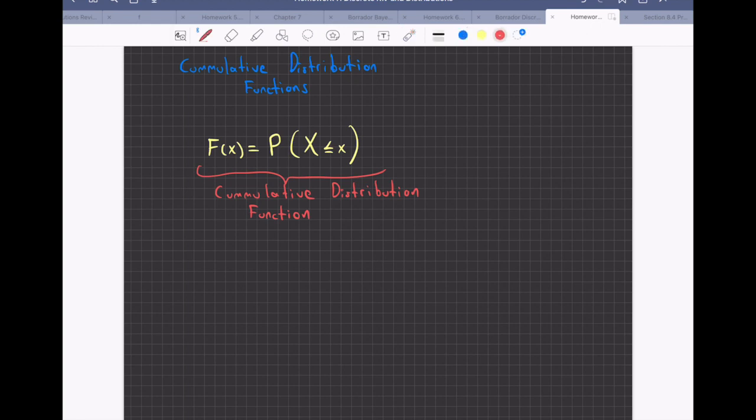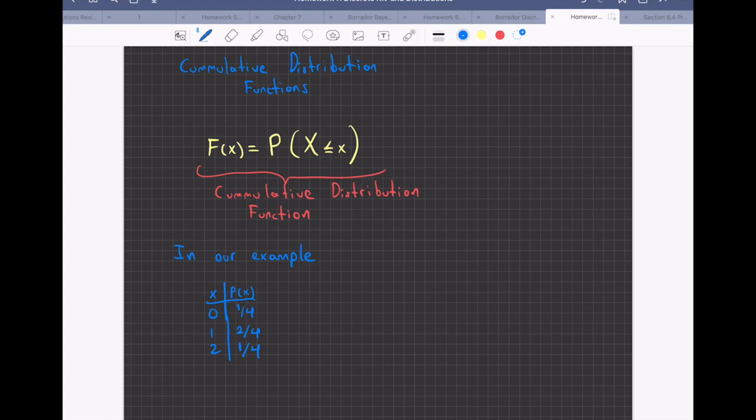In our example, remember we had this table: x is 0, 1, 2, and p of x is 1/4, 2/4, and 1/4.